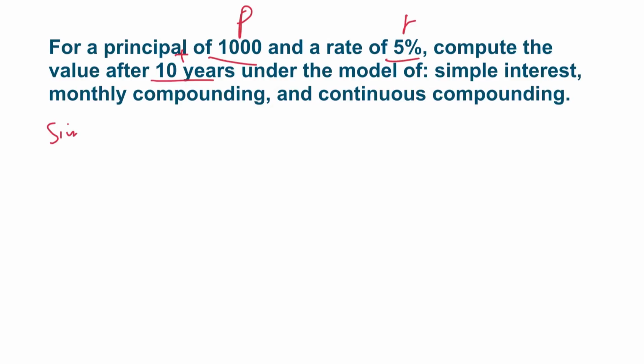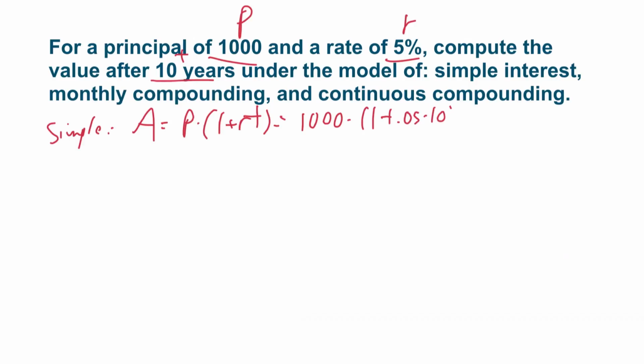So for the simple, the total amount is the principal times 1 plus RT. So this is 1,000 times 1 plus 0.05 times 10, so 1,500. Basically, I make $50 every year for 10 years.